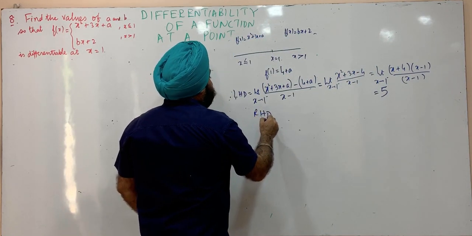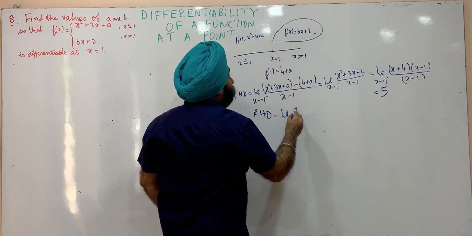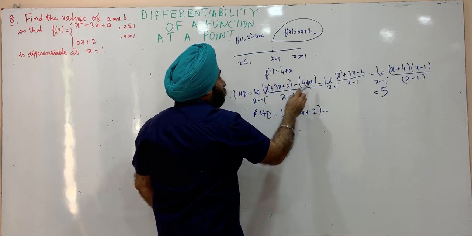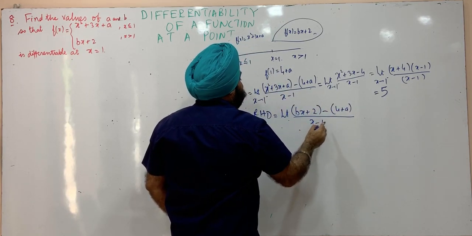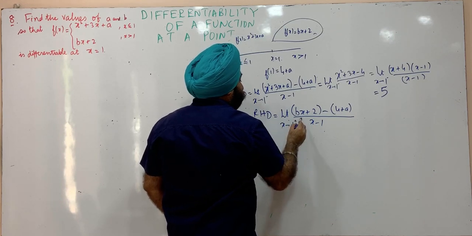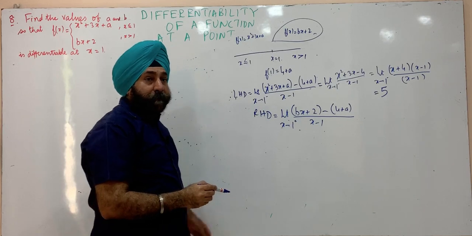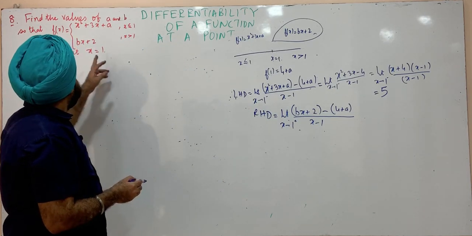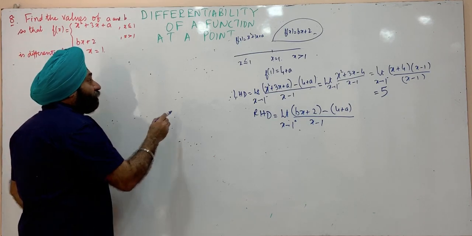Next, right hand derivative. Right hand derivative will be from this expression, its limit of bx plus 2, minus value of function at 1, that is same, 4 plus a, upon x minus 1 as x approaches 1 plus. So we cannot evaluate this limit. So here we use the fact that since function is differentiable at x is equal to 1, therefore it is continuous as well.